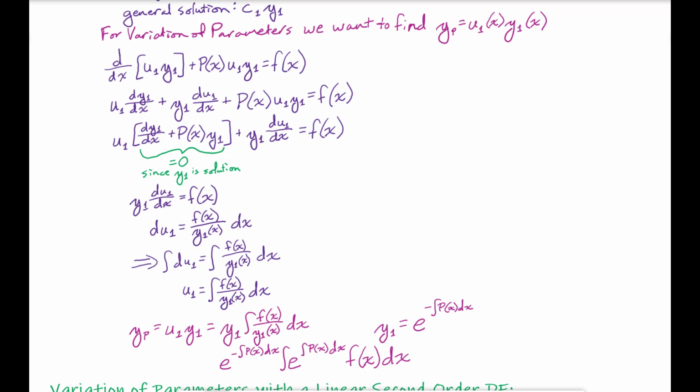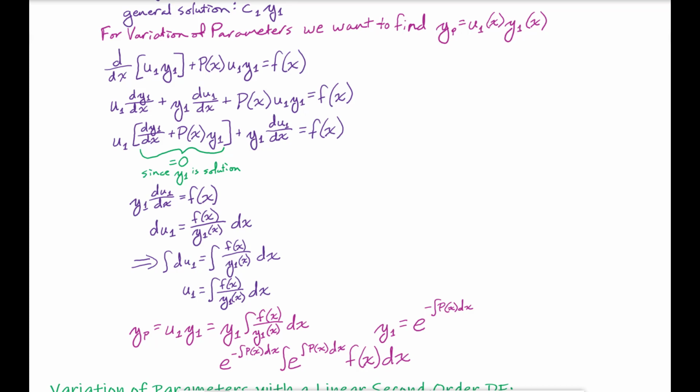Since y sub 1 is a solution of my differential equation, dy/dx plus p of x y equals 0, I can substitute 0 in for dy1/dx plus p of x y1. And in doing so, I'm left with just y sub 1 times du1/dx equals f of x.